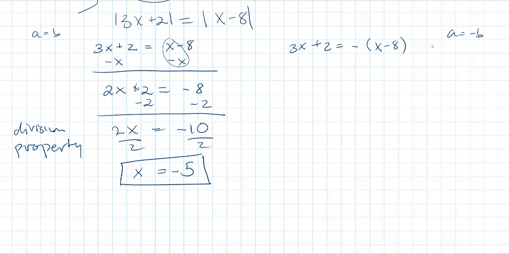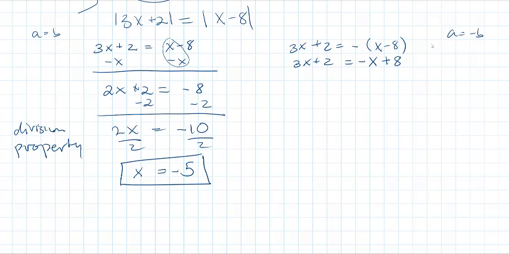Our next equation is 3x plus 2 equals negative, x minus 8. So let's simplify this. 3x plus 2 equals, we'll open our parentheses with the distributive property, so it equals negative x, and we have two negatives in front of the 8, so that turns into a positive 8.